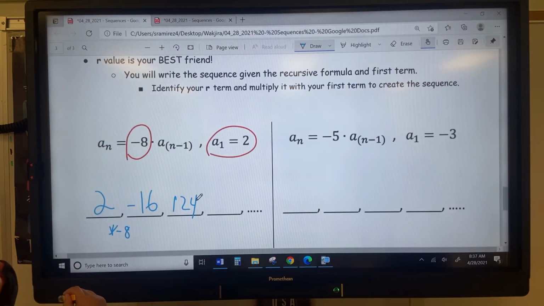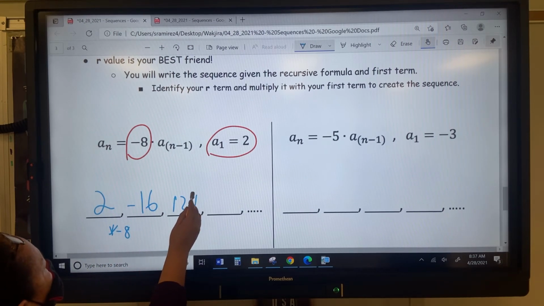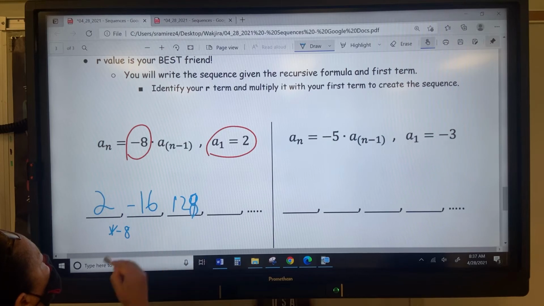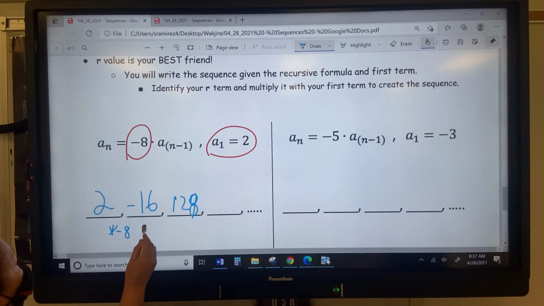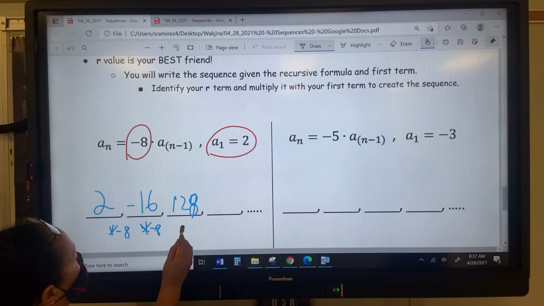Change that to an 8. Change this to an 8. Okay. Then the next one, we multiply by negative 8. And we do the same in here, multiply by negative 8.